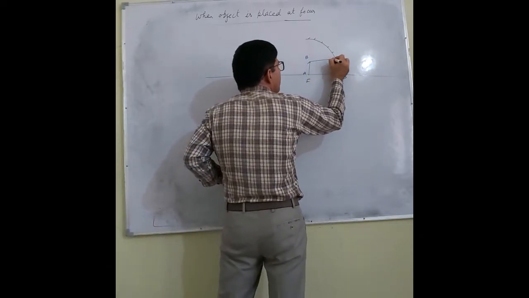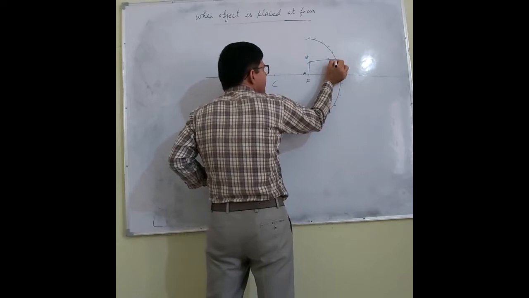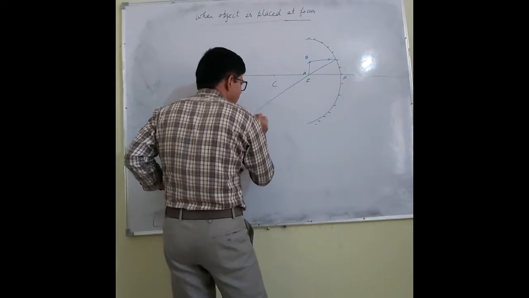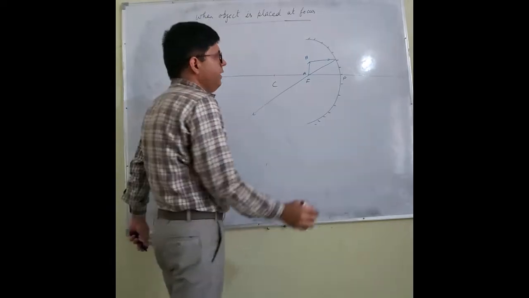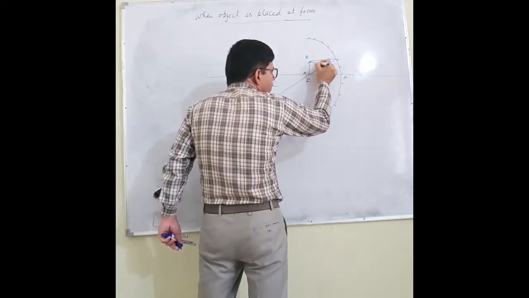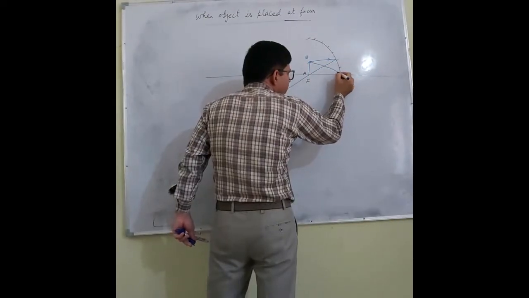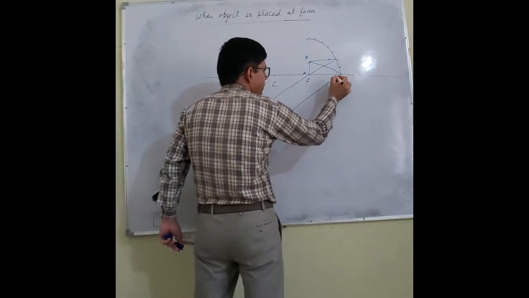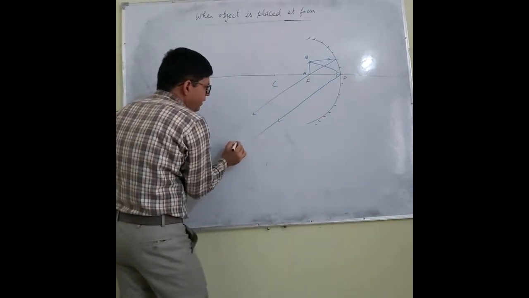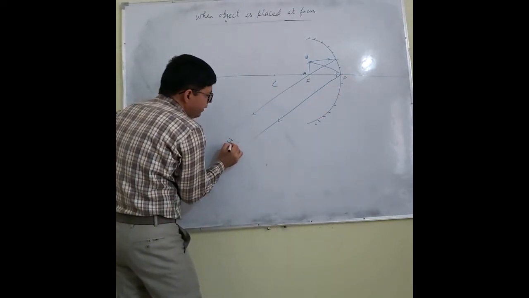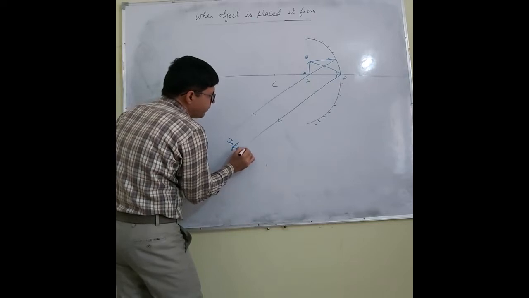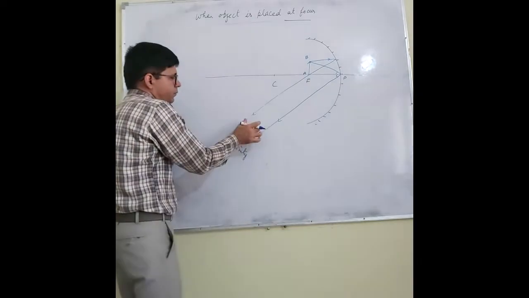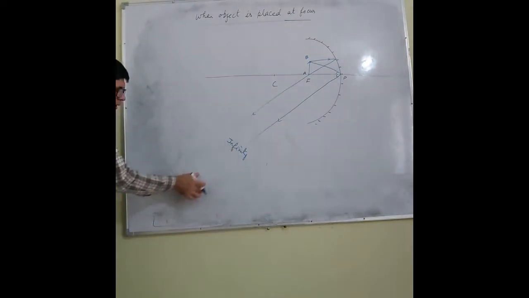Rules: a ray parallel to the principal axis passes through the focus. And the second point is, if a ray falls at the pole at some angle, it will be reflected at the same angle. So where do these rays meet? These rays will meet at infinity. And after a very large distance, when these rays meet, what type of image is formed?